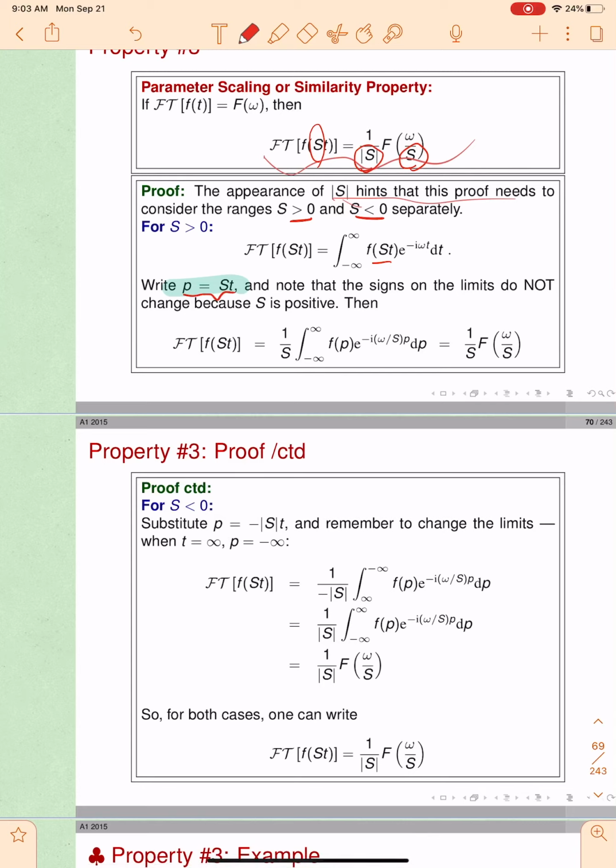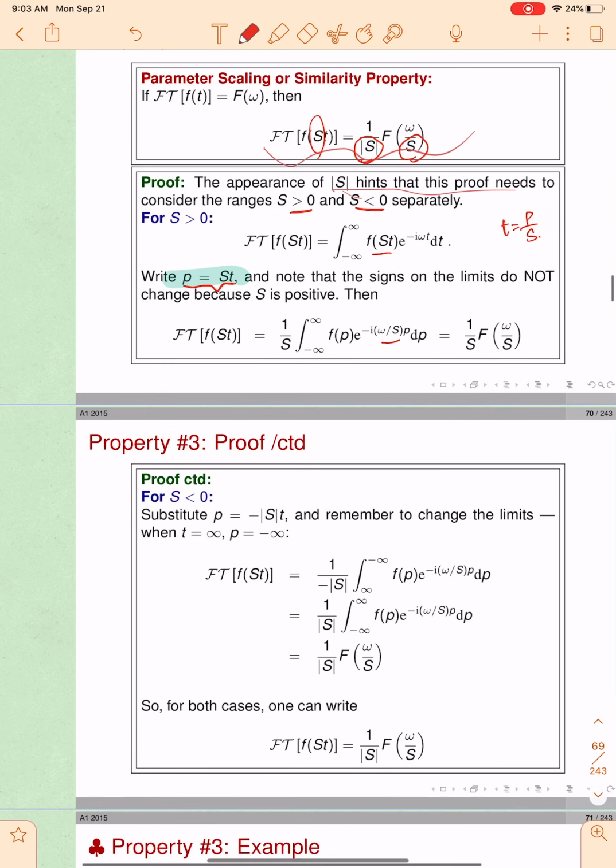If you let p equals st, then t will become p divided by s. So this will become omega p divided by s, sorry. So it will look like f(p) e to the minus i omega p by s.